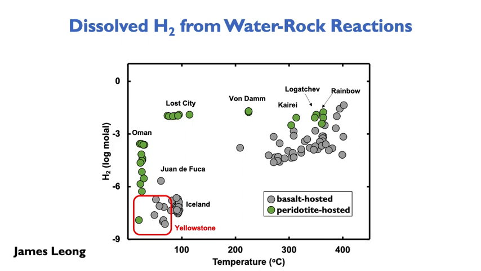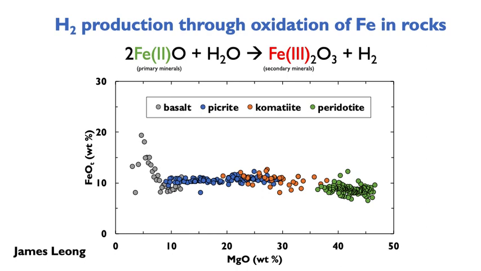And those are surpassed only, as I mentioned before, by the oxidation of things like iron and sulfur in rocks that leads to the production of hydrogen through the reduction of water. Here is a plot of the total reduced iron, or FeO content, of various kinds of rocks, plotted as a function of the total amount of magnesium in the rocks.